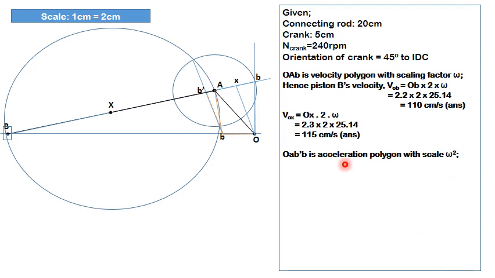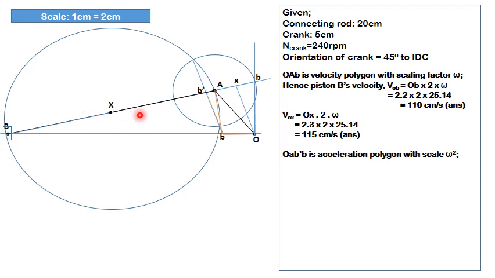Now the next thing asked is you need to find out the angular acceleration of connecting rod AB. So if I have to find the angular acceleration of connecting rod AB, I need to calculate the tangential acceleration of connecting rod AB. Why? The ratio of tangential acceleration and the length of this link gives me angular acceleration.